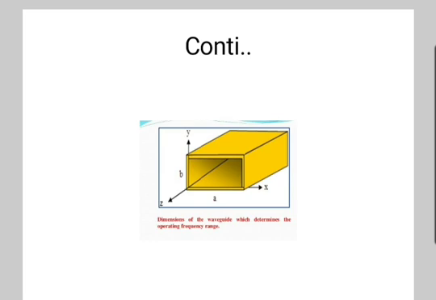TM01 means m is 0, n is 1. Again all the field components vanish and thus the TM01 mode does not exist. For TM10, m is 1 and n is 0, this also does not exist, and TM11 means m value is 1, n value is 1. So all 4 field components do exist for all greater values of m and n. All these 4 field components, like Ex, Ey, Hx, Hy, do exist.